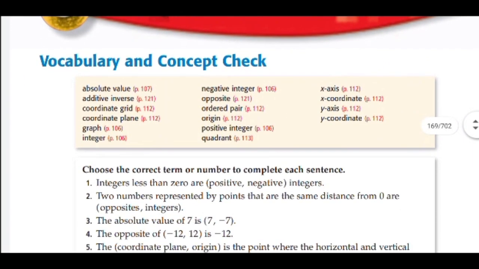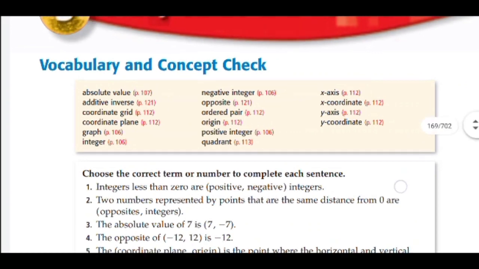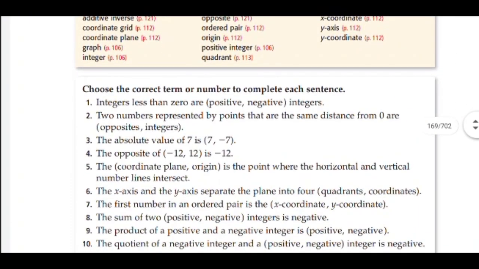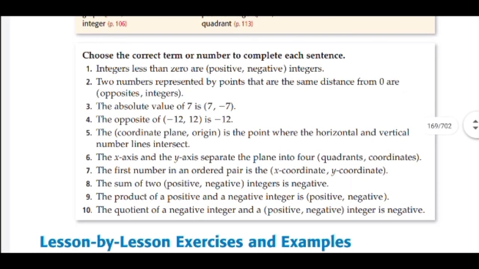This is vocabulary. Always make sure to read the chapter. Chapter 3. Choose the correct term or number to complete each sentence. 1. Integers less than 0 are positive or negative integers. 2.